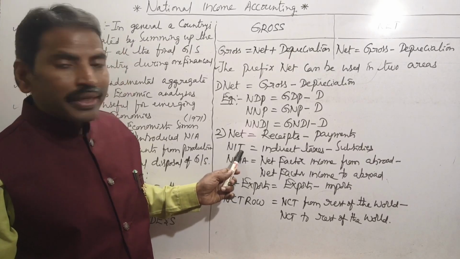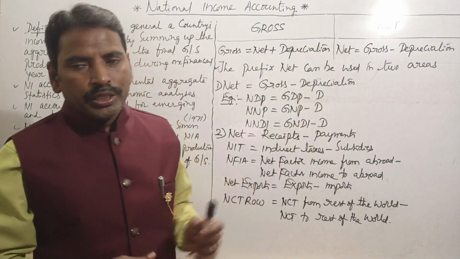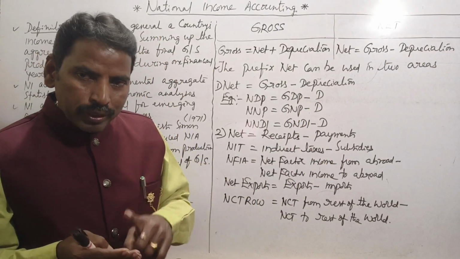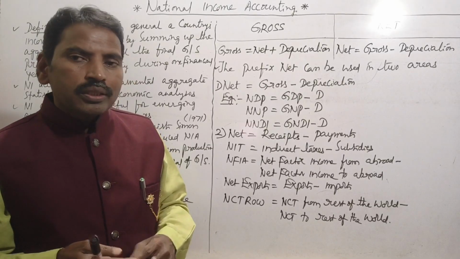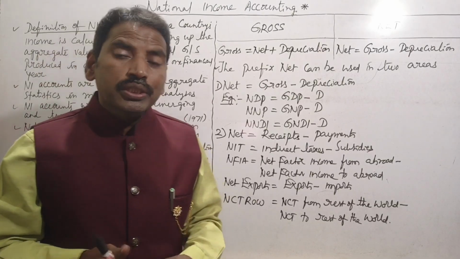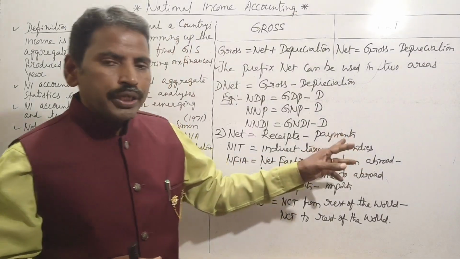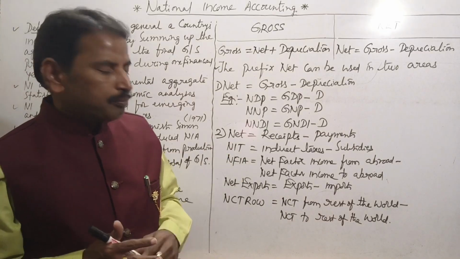Net indirect tax is equal to indirect taxes minus subsidies. Indirect taxes are service tax, sales tax, nothing but GST, goods and service tax. So indirect taxes minus subsidies gives net indirect taxes, NIT.